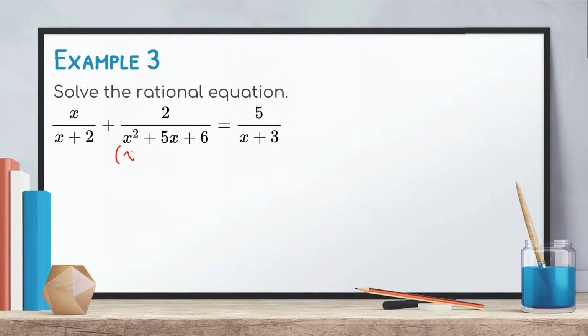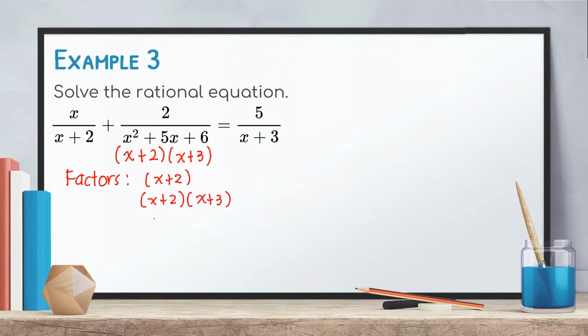So we will have x plus 2 times x plus 3. Therefore, the factors of our denominators are x plus 2, x plus 2 times x plus 3, and x plus 3.